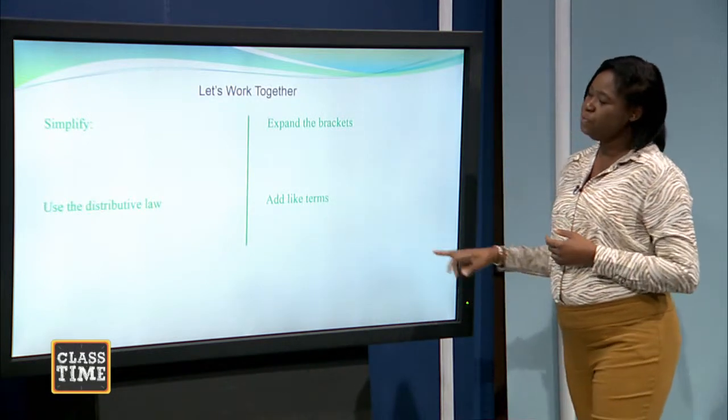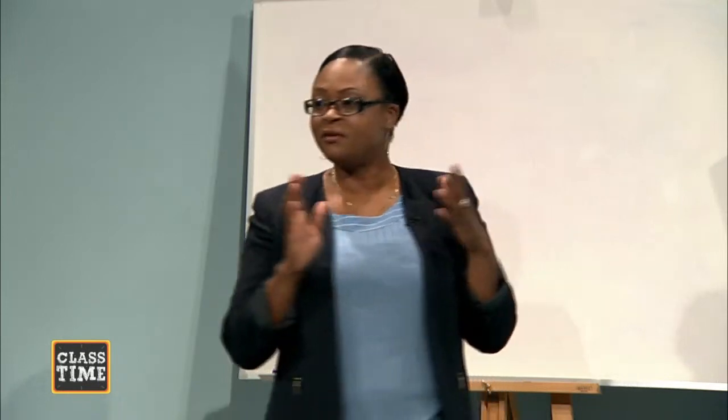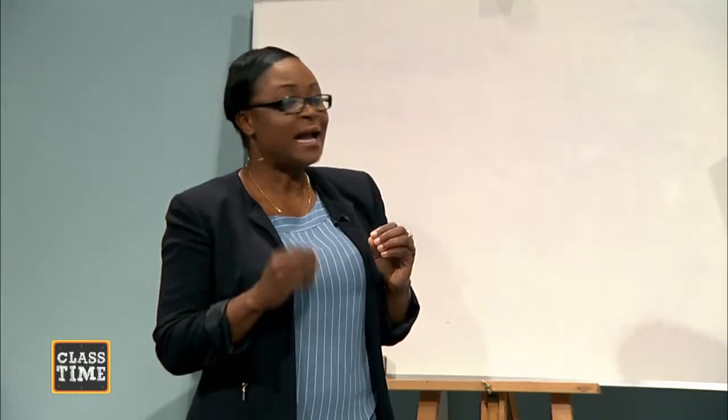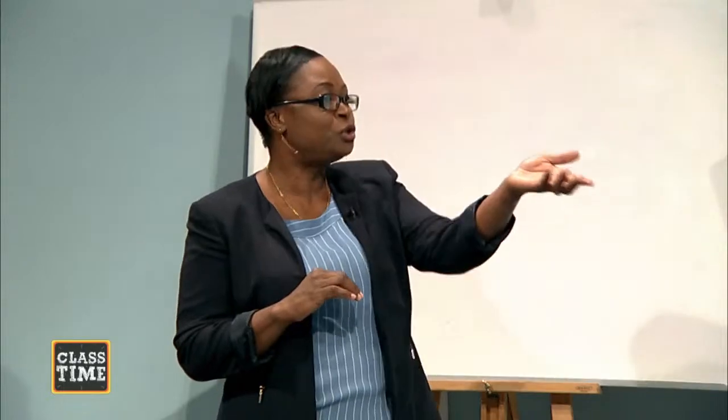Let me see if we can work together using the same principle to simplify these two binomials. We have in the first bracket x added to 3, multiplied by x added to 7. We'll use the principle as explained before. I'm going to distribute because that is what you just taught me.